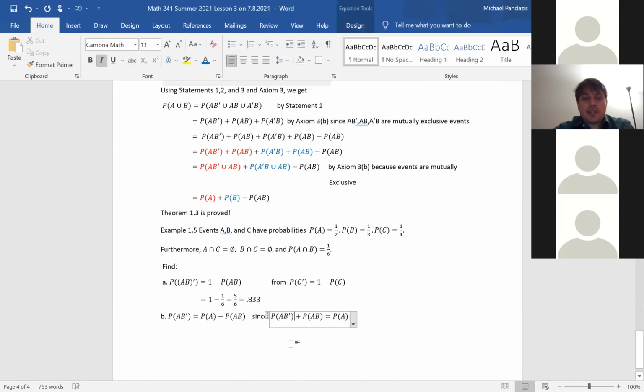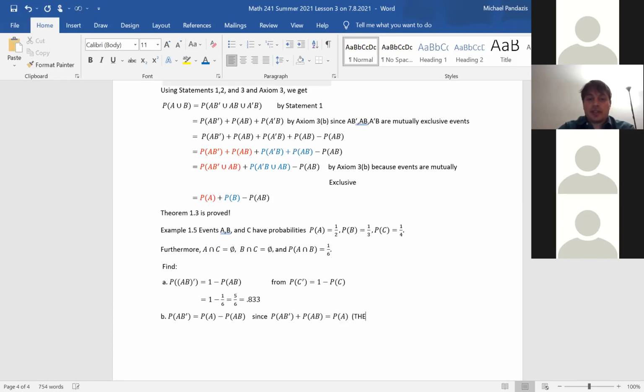Just subtract P of AB on both sides, so this goes away, and you're left with P of AB prime equals P of A minus P of AB. So you just subtract.